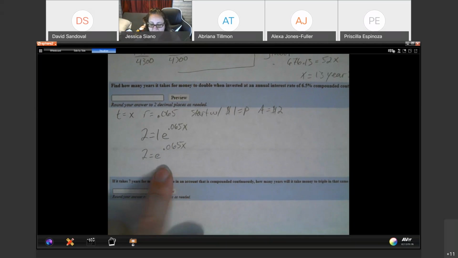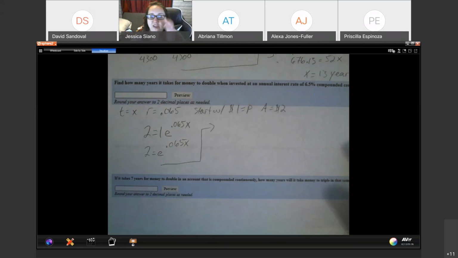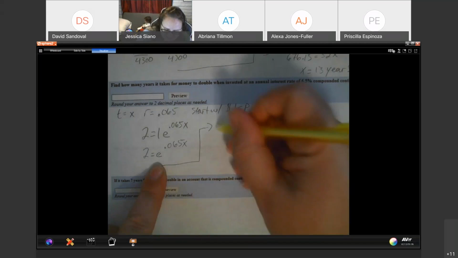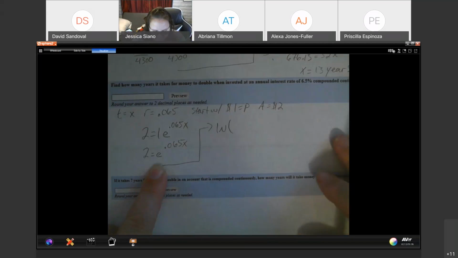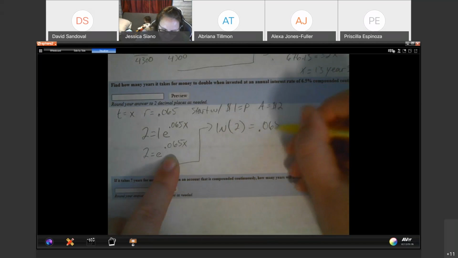And so now doubling down on what I said before, anytime you're looking for time, you're going to have to turn this into a log. So this would be log with base e, which is the ln of 2 equals 0.065x.